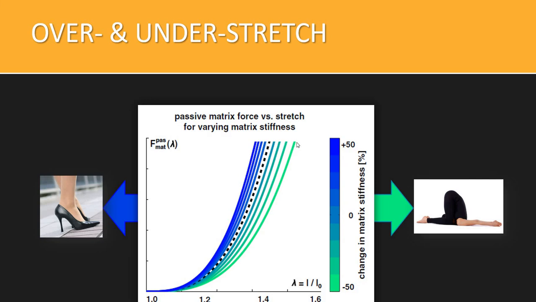So maximal force stays the same, that doesn't change, but at any given length with overstretch, the overall passive force of the muscle will reduce, which is one reason why we need to be careful not to overstretch too much with particularly heavy resistance exercise.